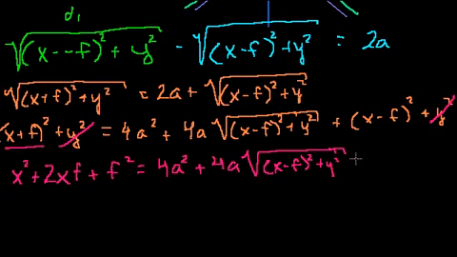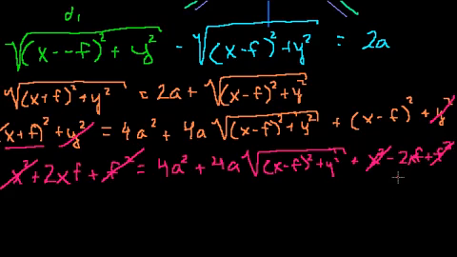And then multiply this out: plus x squared minus 2xf plus f squared. And then let's see, what can we cancel out? Well, we have an x squared on both sides of this. We subtract x squared from both sides of the equation. We have an f squared on both sides of the equation, so let's cancel that out.